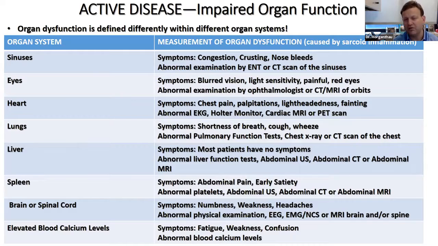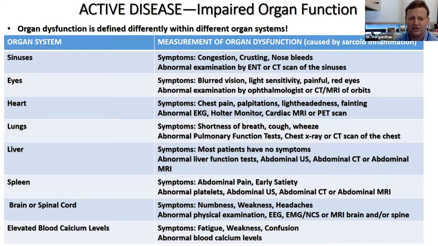And the way that we know that is, one, by the patient's symptoms. Are they complaining of congestion, crusting, nosebleeds? And do they have an abnormal exam? And that exam is generally done by an ear, nose, and throat doctor who may or may not order a CT scan of the sinuses. So that's sort of how we assess the sinuses.